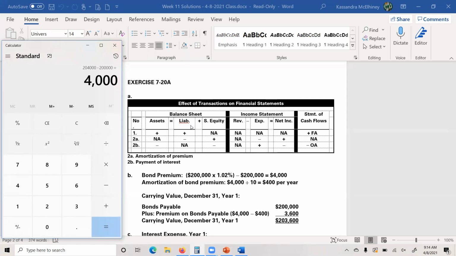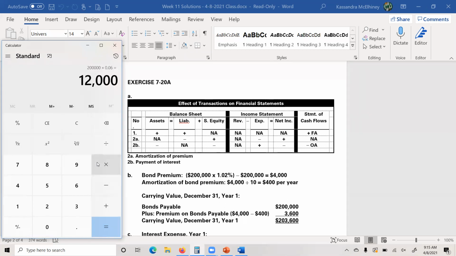Event 2 is to record interest expense at 12/31 year 1. Our interest paid out will always be the bond face value times the stated interest rate. So $200,000 face value times 6%.